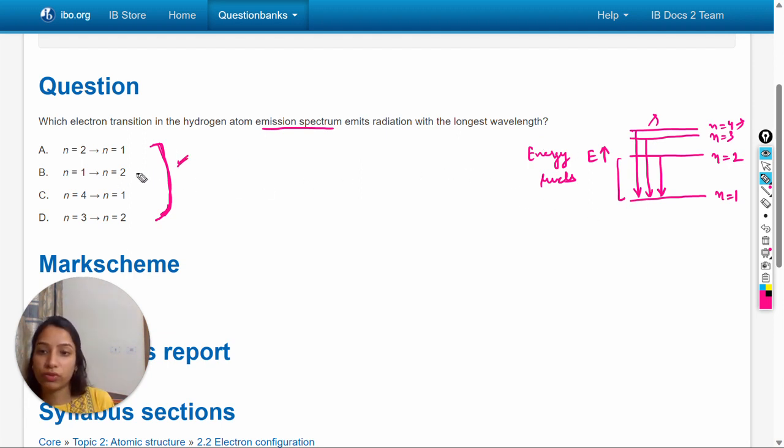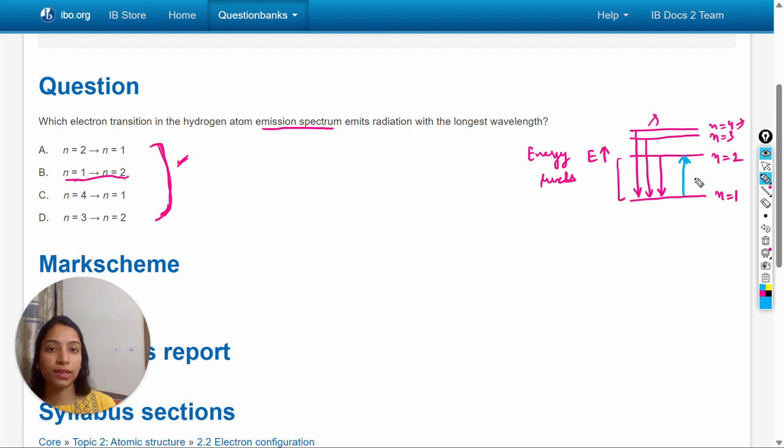So firstly we have to see this B option, which shows the transition from n is equal to 1 to 2. I'll draw it in the blue color. n is equal to 1 to n is equal to 2. See, here the electron moves from the lower energy level to the higher energy level.